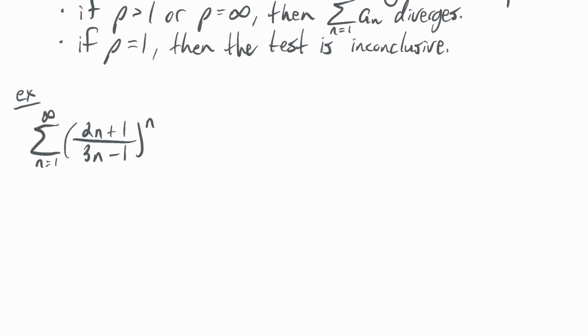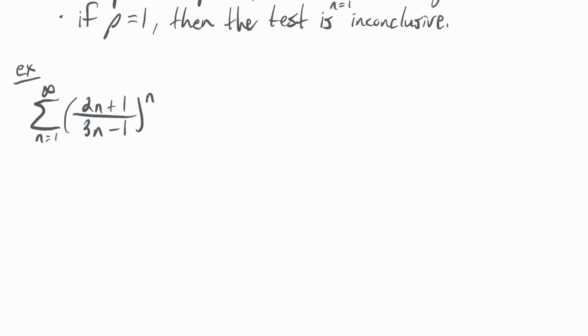Okay, first example. The series as n goes from 1 to infinity of the quantity (2n plus 1) over (3n minus 1), all to the n power. Whenever you have an exponent of n, that's a clue that maybe you want to use the root test. It's something you should try.